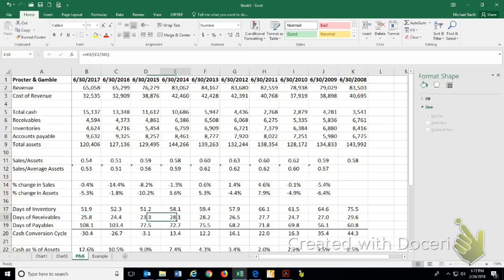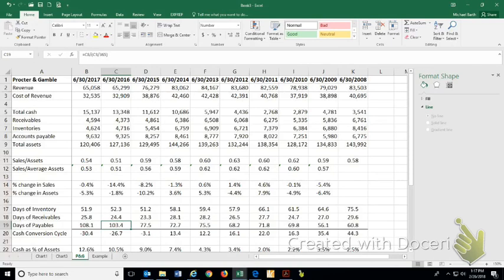The receivables have come down a little bit, but not all that much, a couple of days. But look at what happened with the payables. They were paying their bills within 60 days, 56 days, 70 days, 70 days, 68 days, 75, 73, 77, and then it jumps up to 103 days to pay their bills.